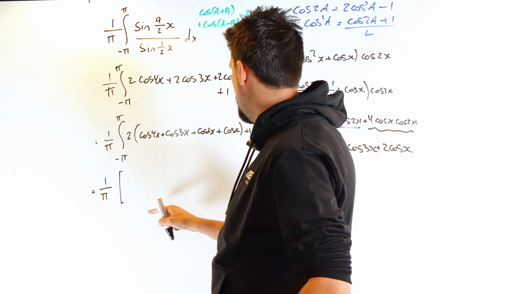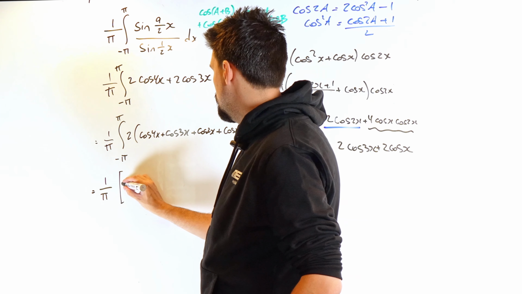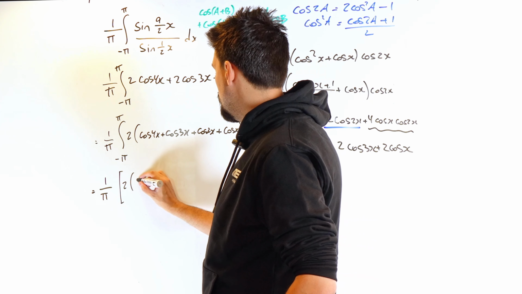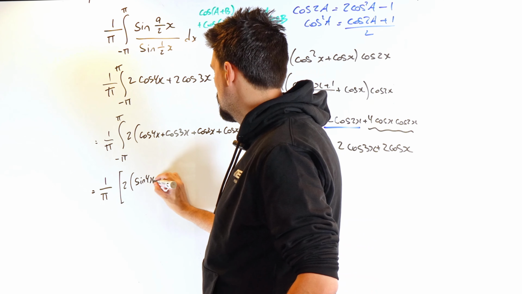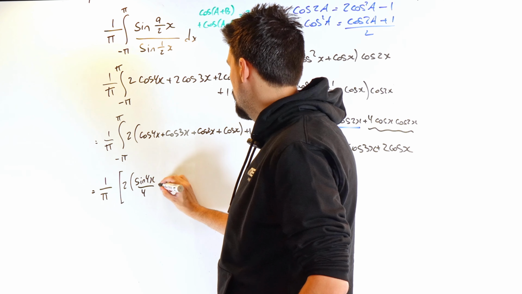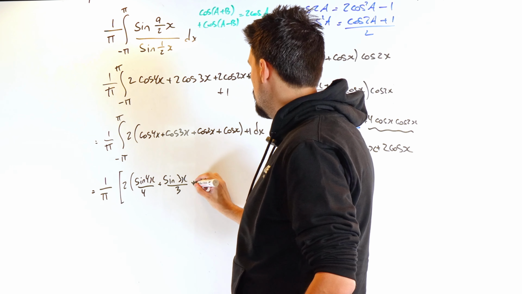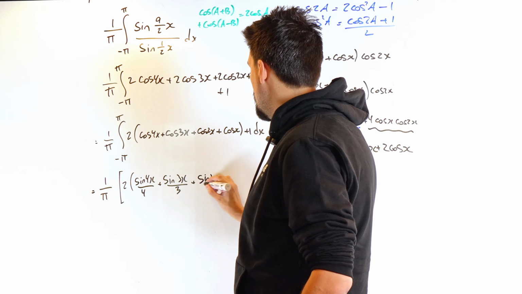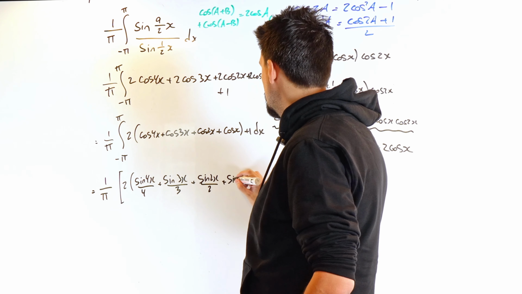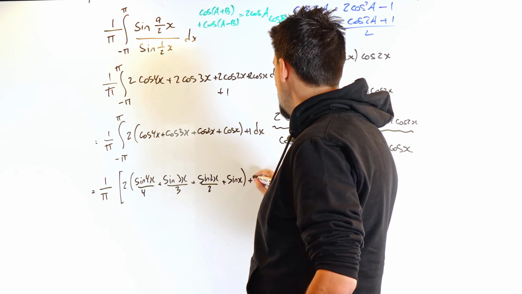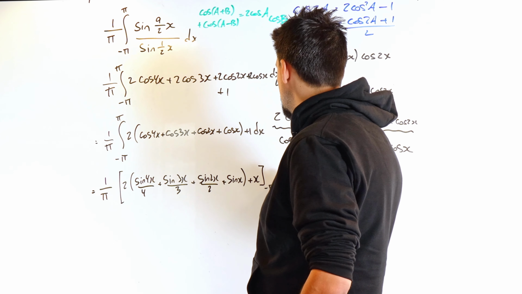Let's leave the 2 out. So this becomes sine 4x over 4. This becomes sine 3x over 3. Becomes sine 2x over 2. Becomes sine x, and then that becomes x.